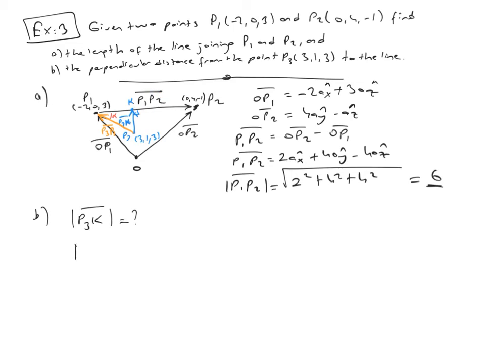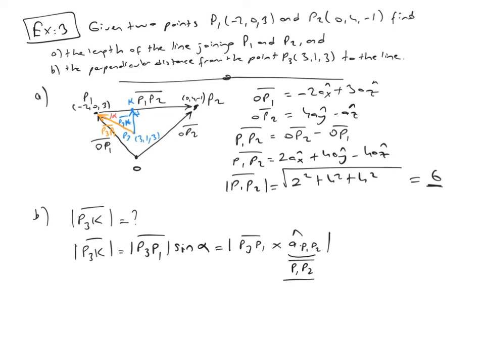So the magnitude of vector P3K is equal to the magnitude of vector P3P1 times sine alpha. And this is equal to the absolute value of the cross product of vector P3P1 and unit vector P1P2. Unit vector P1P2 is equal to vector P1P2 over the magnitude of vector P1P2.